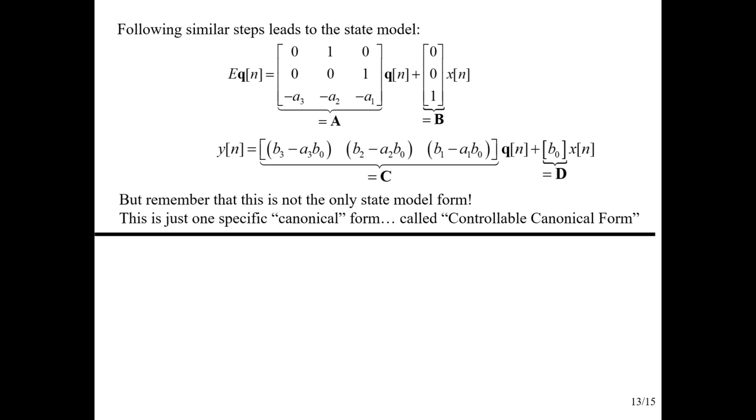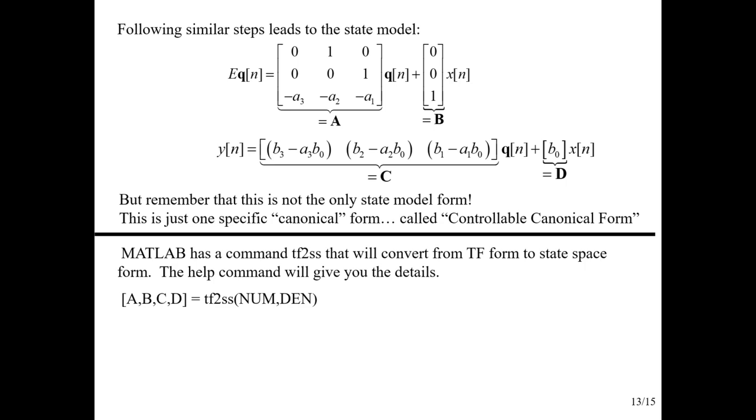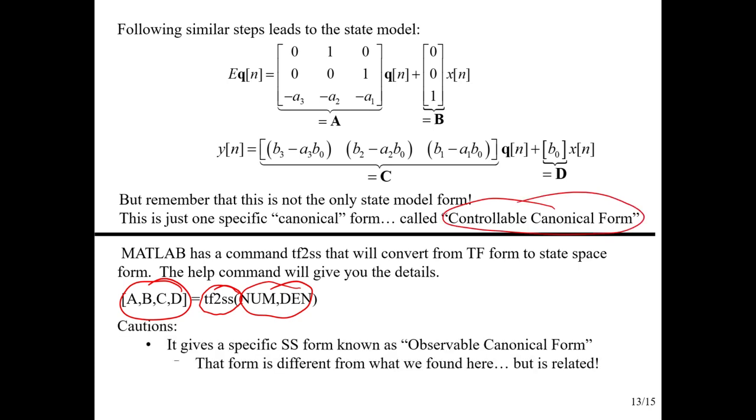And like I said, MATLAB will give you something different. If you take the numerator and denominator coefficient vectors, like you would normally put into freqz or something like that, and you run the transfer function to state space command, it will give you some matrices, but they won't be the controllable canonical form. It gives you the observable canonical form.